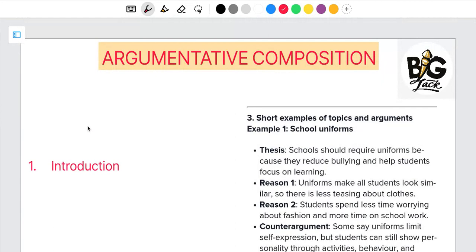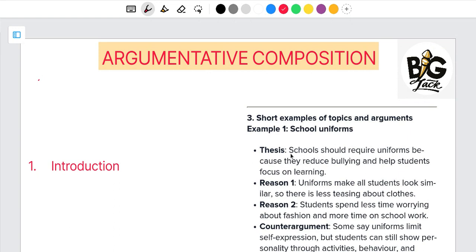An argumentative composition is a piece of writing where you take a clear position. What I mean by a clear position is a stand on a topic. For example, I have this question here: should uniform be abolished in schools?